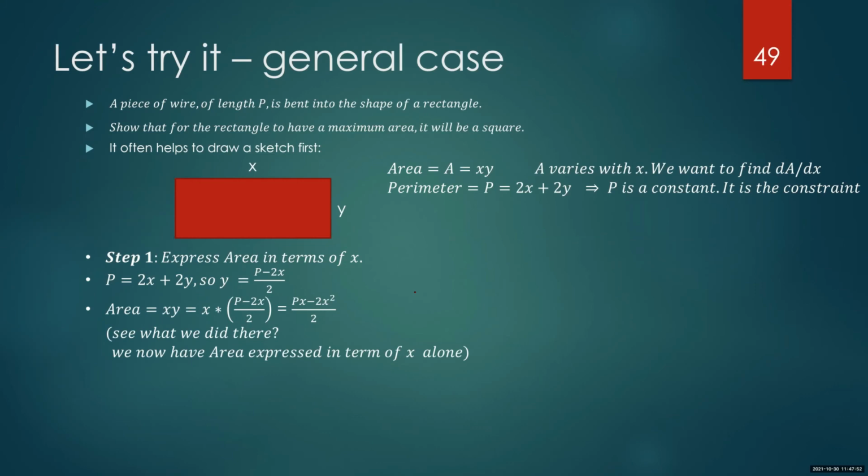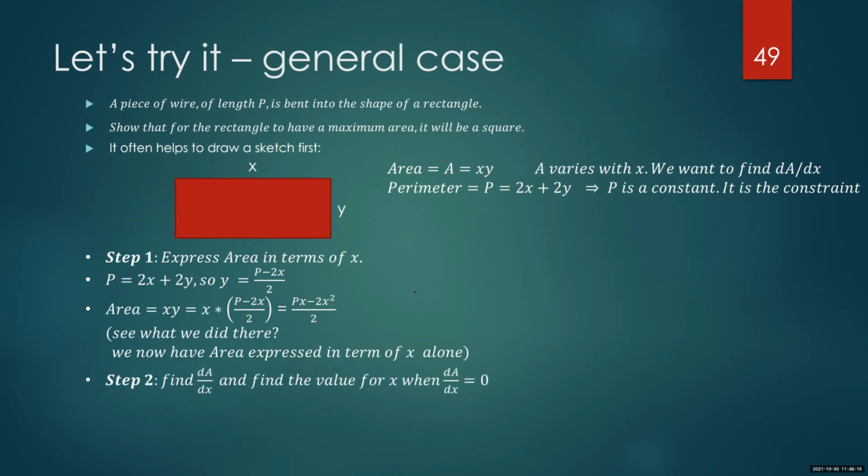It's important to see what we did there. We started off with a rectangle with sides x and y, but now we have the entire area of the rectangle expressed in terms of x alone. And in optimization questions, the first step generally is to get an expression just in terms of x.